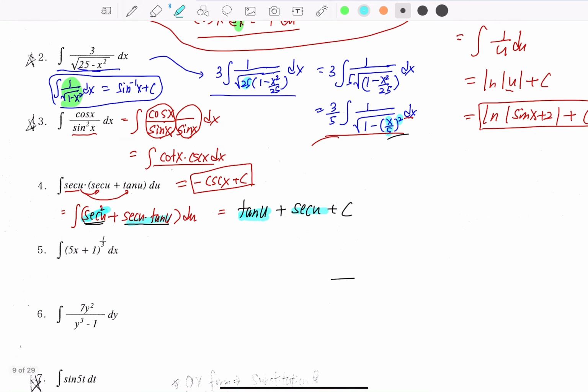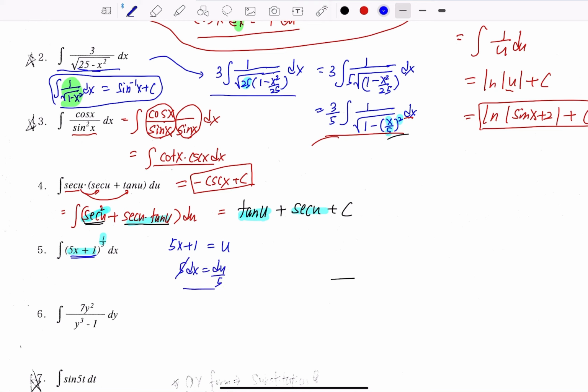Next, number 5. That one is a linear expression, linear function, 5x plus 1. Whenever there is a linear function to the n power form, we can use u sub for the linear expression. So substitute u for 5x plus 1, and then differentiate both sides. 5 dx equals du, isolate dx.